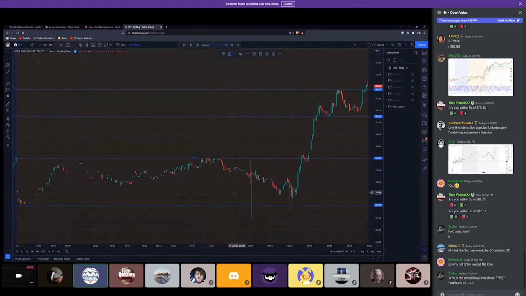But if you look at this action right here at 8:40 to 8:45, that's why I moved it back down and made it support and not resistance. It's these bars right here that changed my mind.